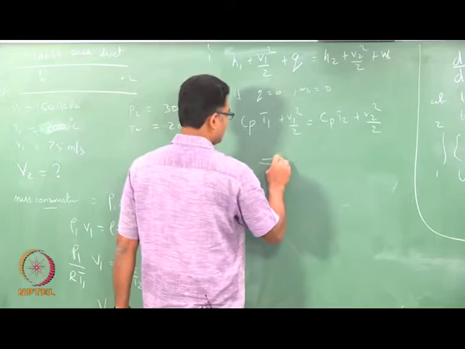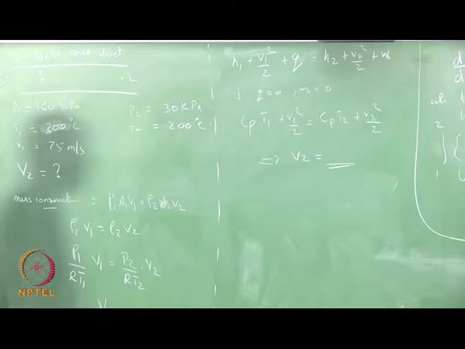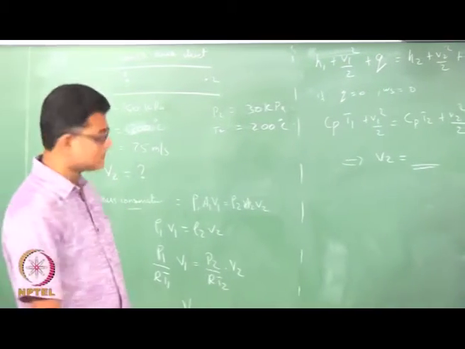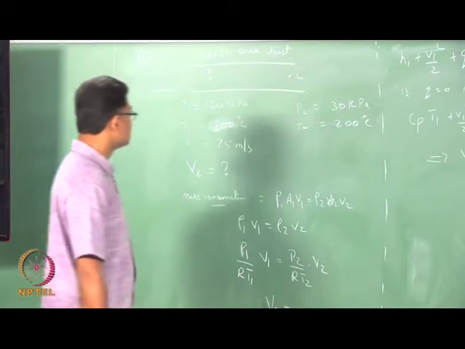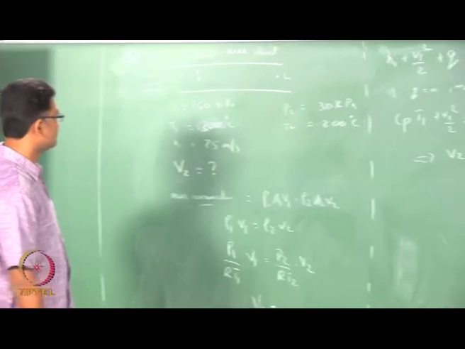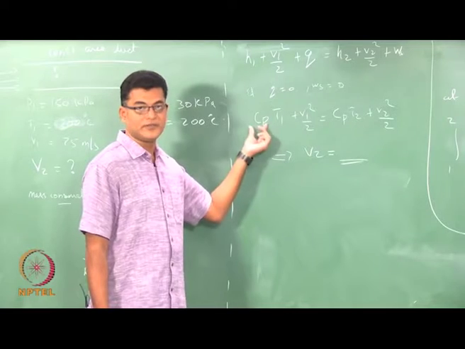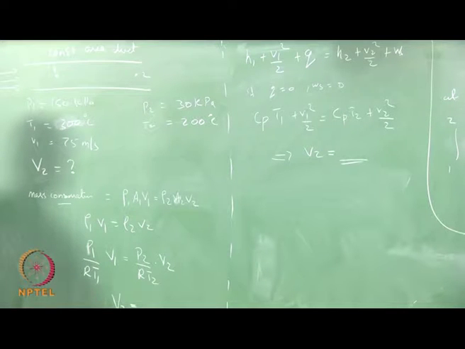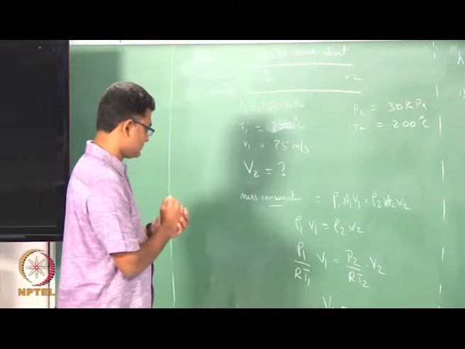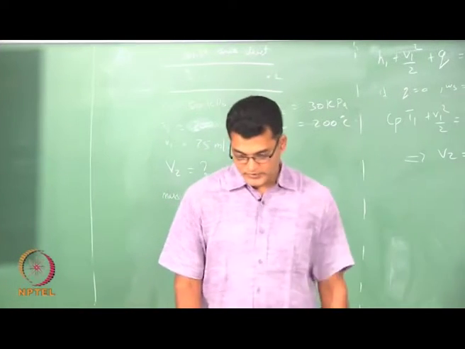From which you could find your V2. So, if it is a different gas other than air, you use the appropriate value of the Cp and you find your V2. Fine. So, we will go to the next.